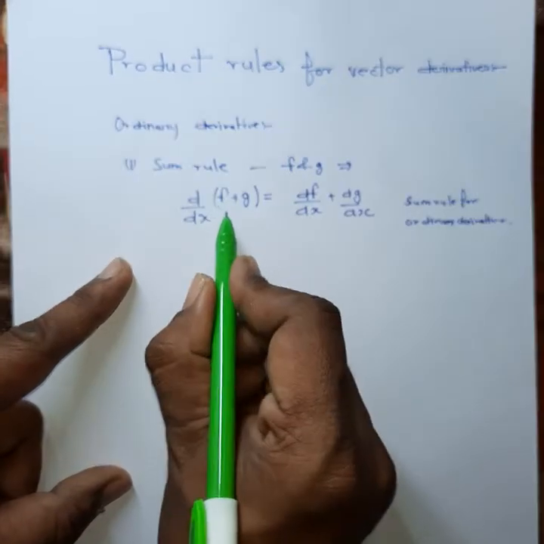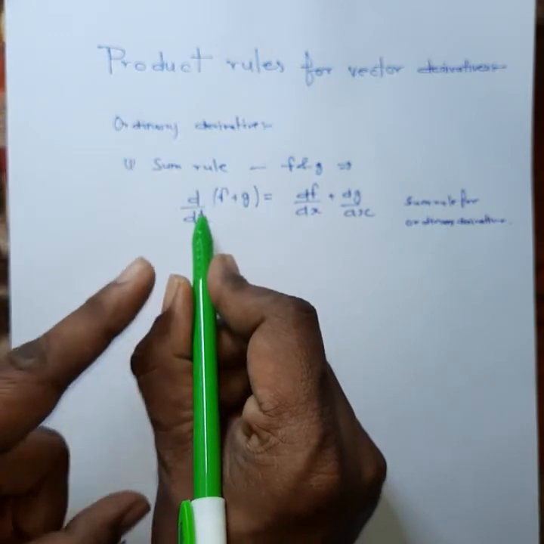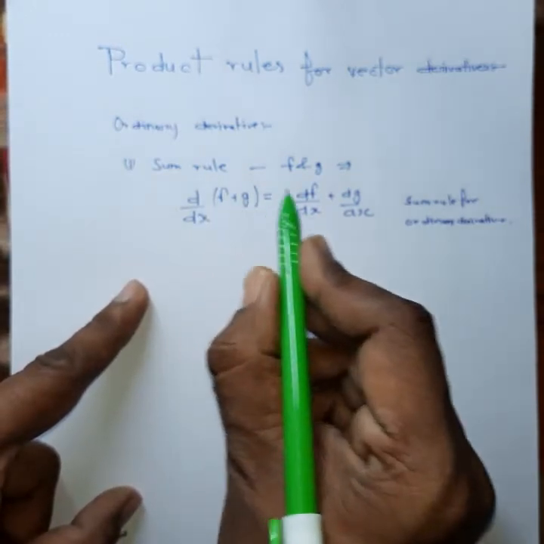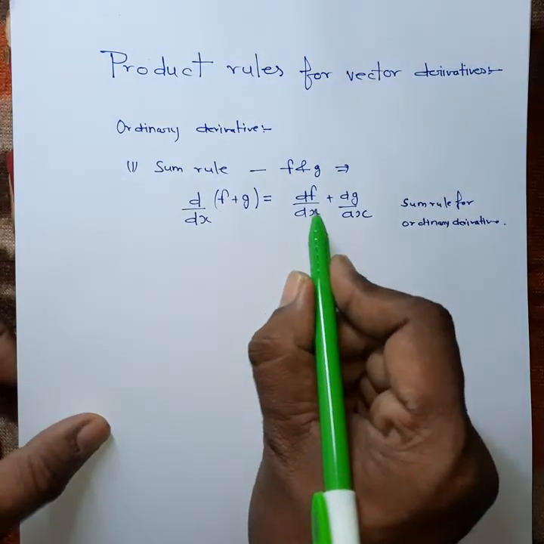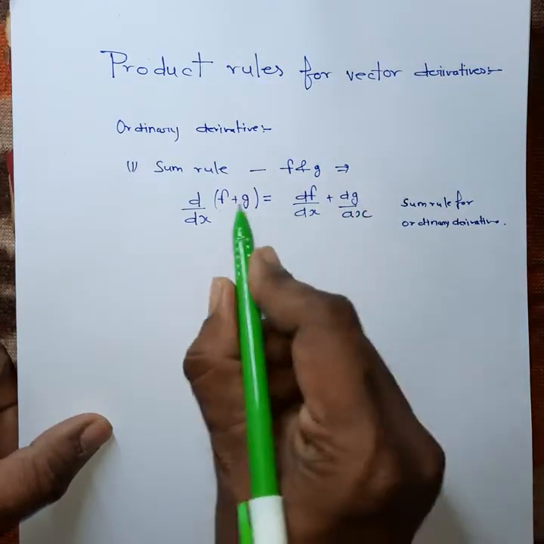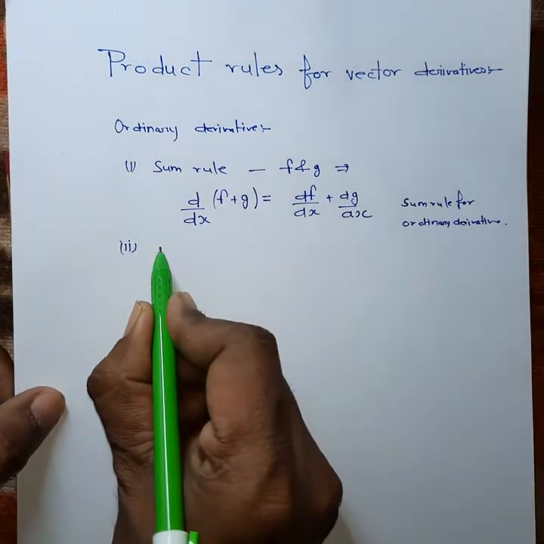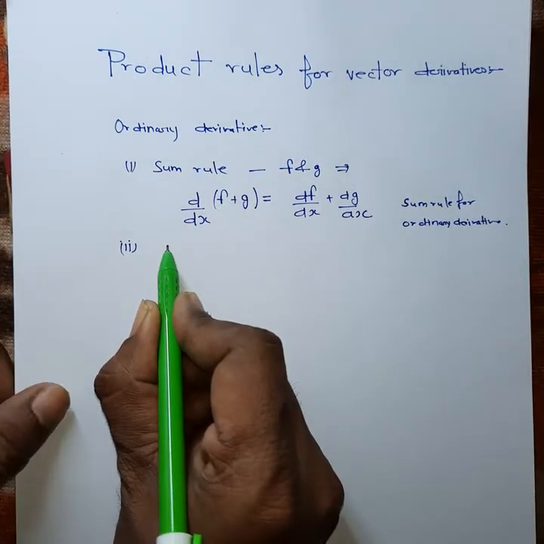What does it mean? If you want to differentiate the sum of two functions, then it will be equal to the sum of the derivatives of these two functions. And there is also a rule for multiplying by a constant.